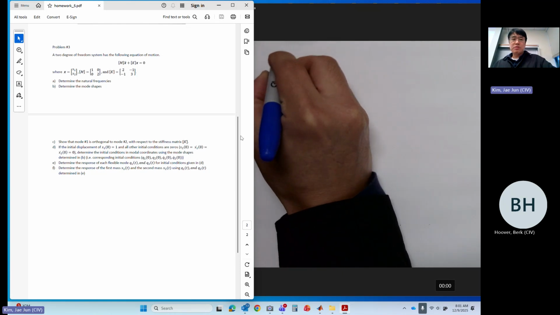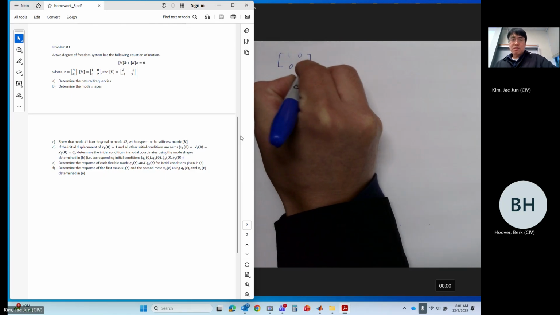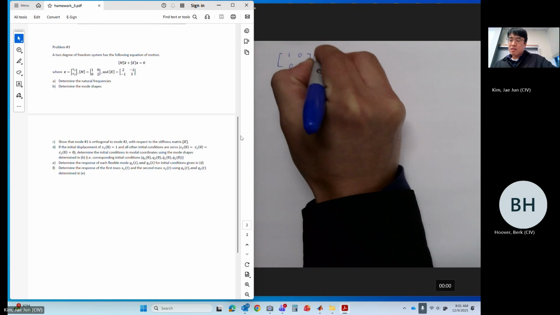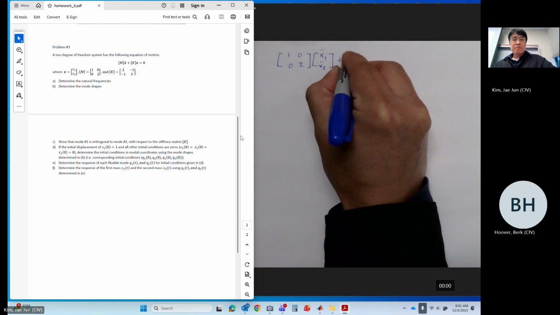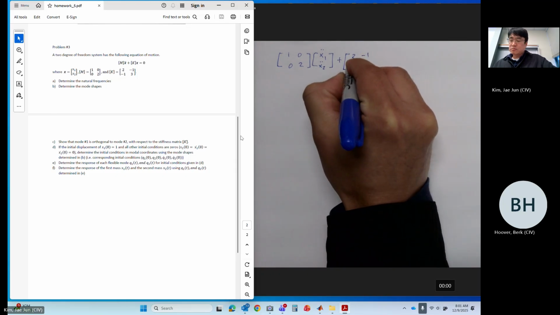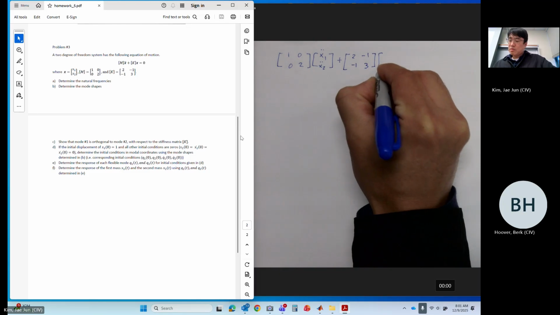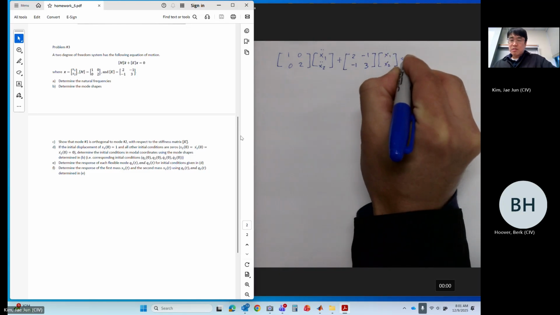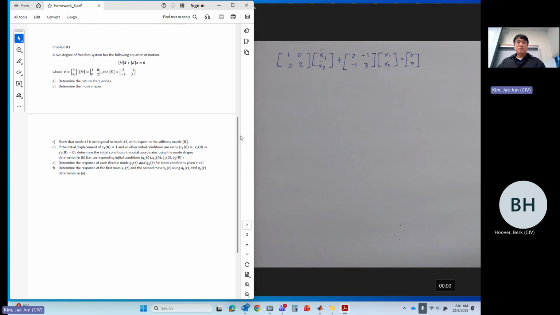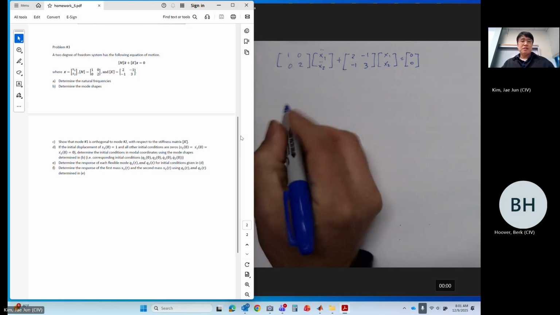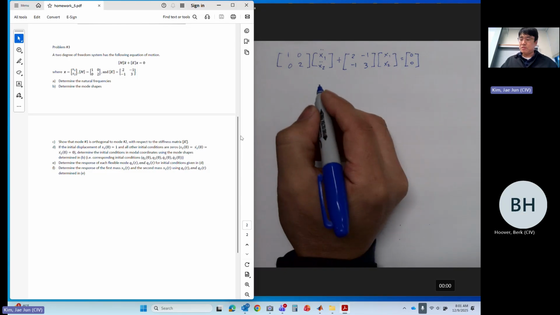So the equation of motion. Okay, so the first question is natural frequencies, and the next one is mode shapes.